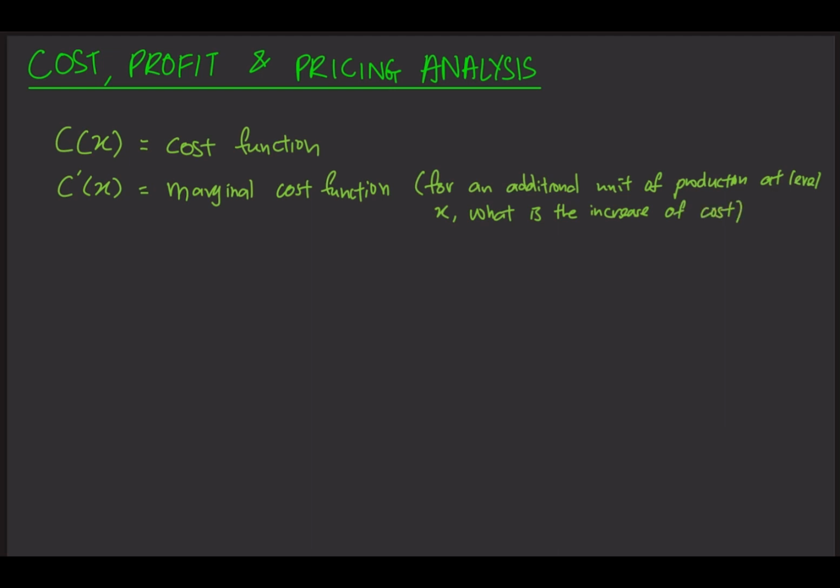Then we obviously have the revenue function, R of x equals price multiplied by quantity. Or we can say the price function multiplied by the quantity, right? P represents price. Then we can get the marginal revenue function, which is R prime of x.